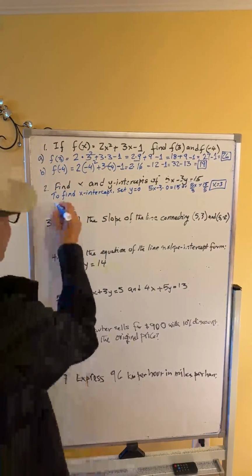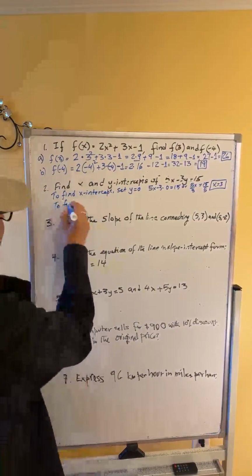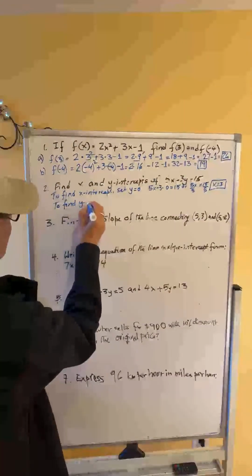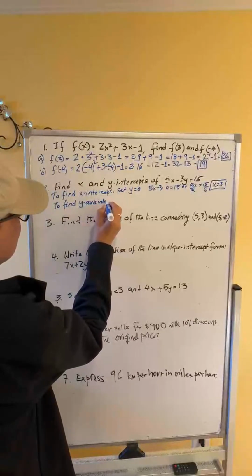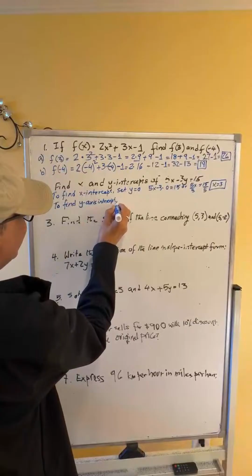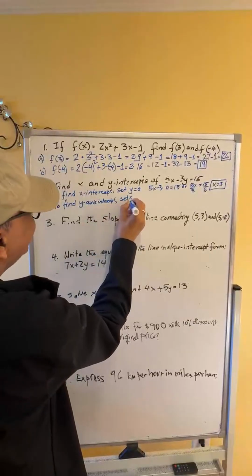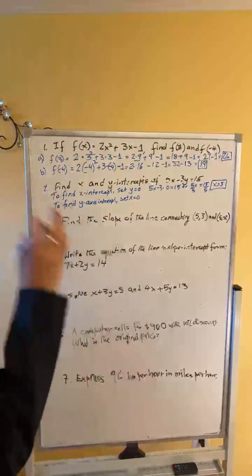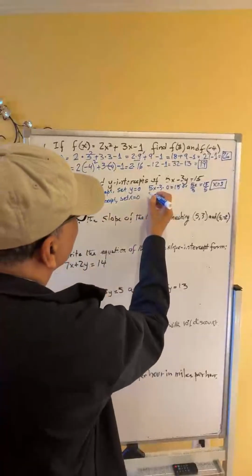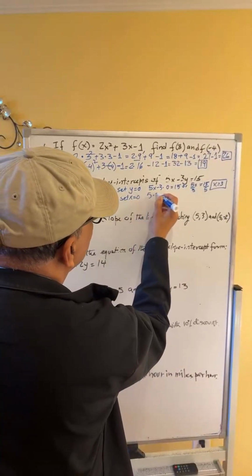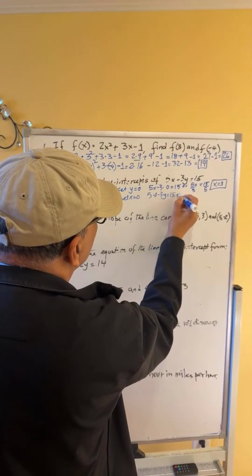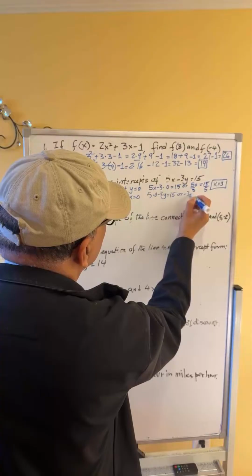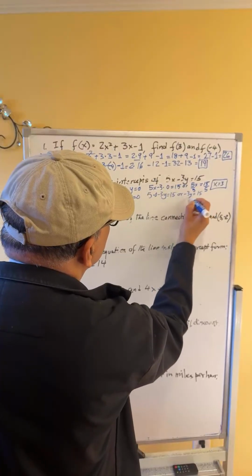Now on the other hand, to find the y-axis intercept, set x equal to 0. Why? Because on the y-axis x is always 0. So we have 5 times 0 minus 3 times y equal to 15, or minus 3y equal to 15.